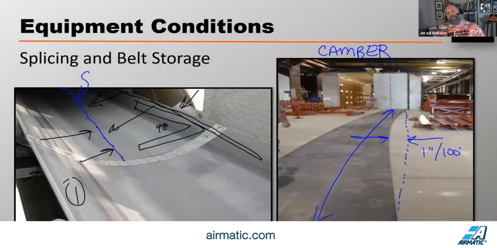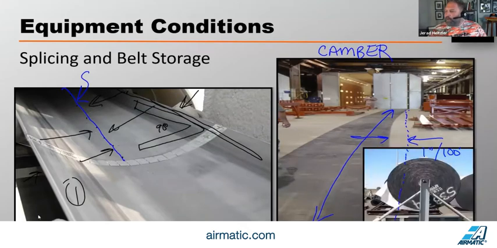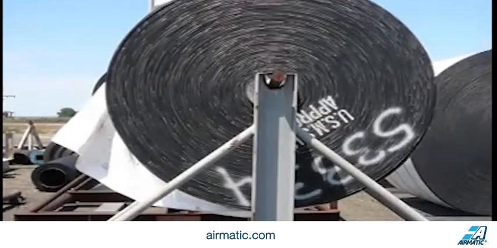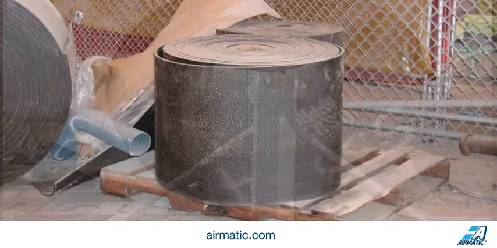What camber is, it's a stretch on one side of the belt, but not the other, that can cause the belt to mistrack. And that camber comes from storing the belt improperly. So it's really important that you store belts on a rack like you see in the photo below. What we don't want to do is store a belt on the ground like this.